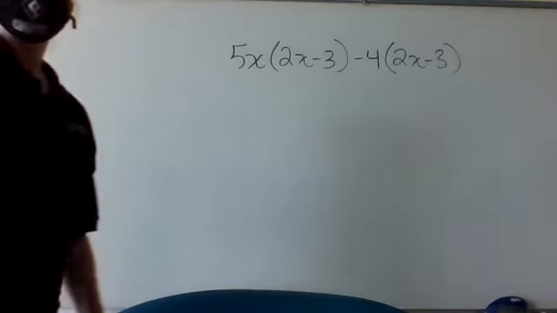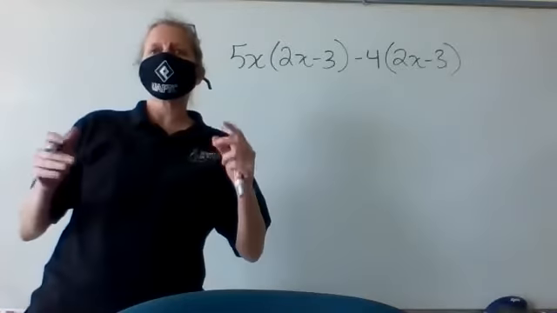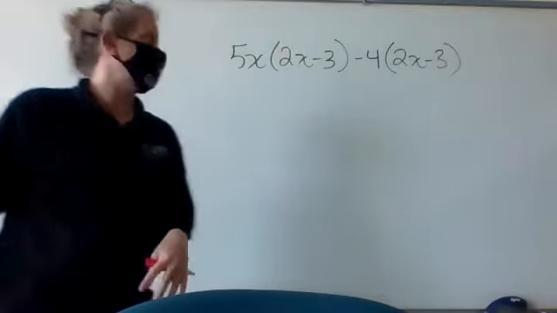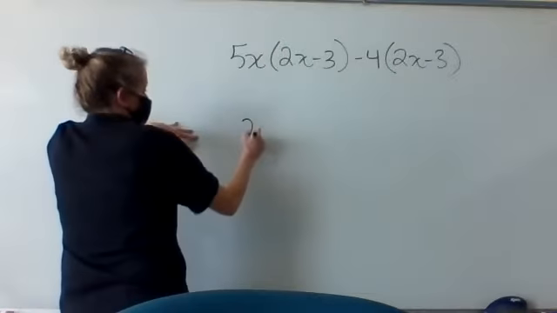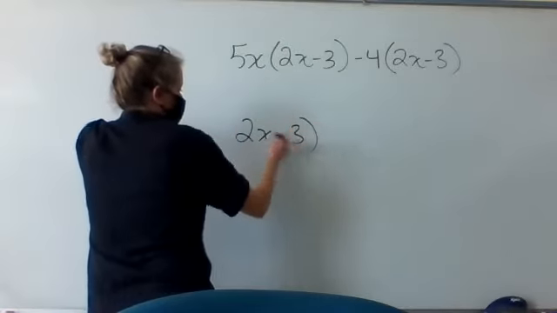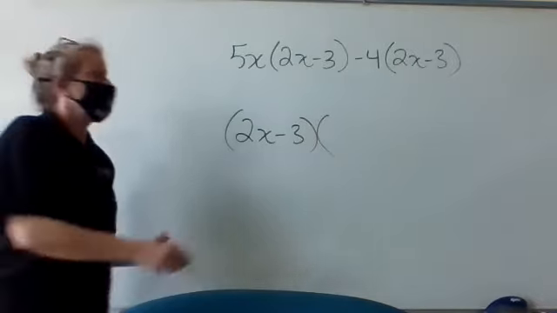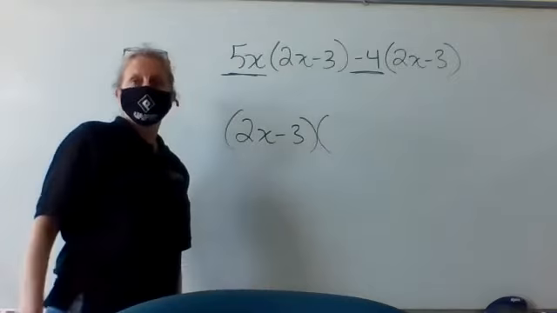Again, it's already done that first step where it put the first 2 in a group and the second 2 in a group and pulled out what was in common. These 2 match, which means I can pull that out. 2x minus 3 will be a factor, which means the other factor would be what you had pulled out, 5x minus 4.